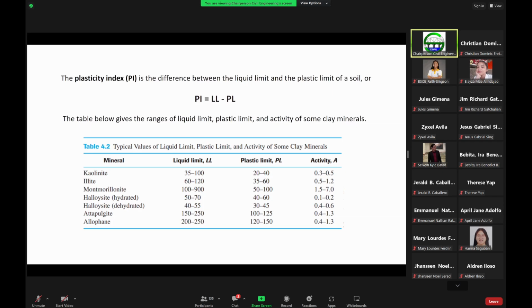As far as construction is concerned, we don't like expansive soils. When we prepare a geotechnical report, we always state there the problematic soils.